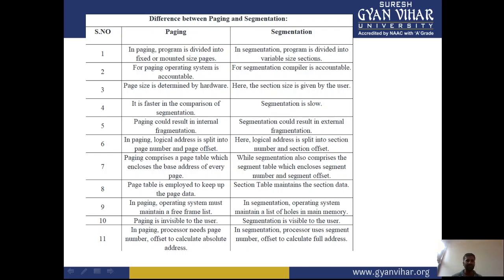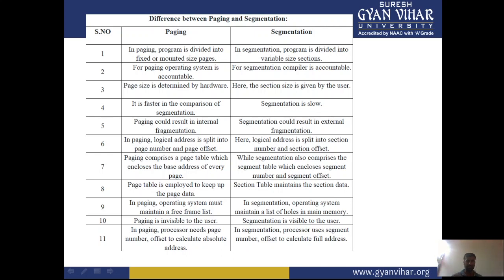Some modern computers use a function called segmented paging. Main memory is divided into variably sized segments, which are divided into smaller fixed-size pages on the disk. Each segment contains a page table, and there are multiple page tables per process.